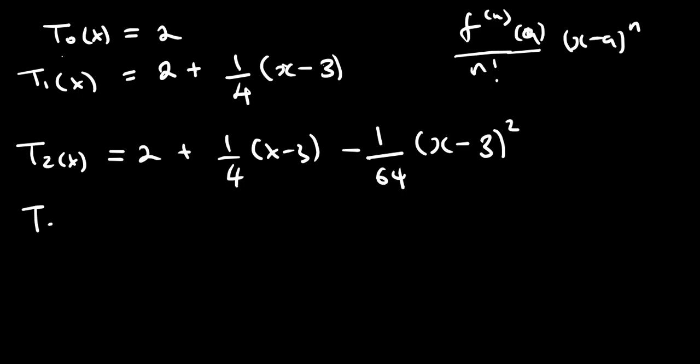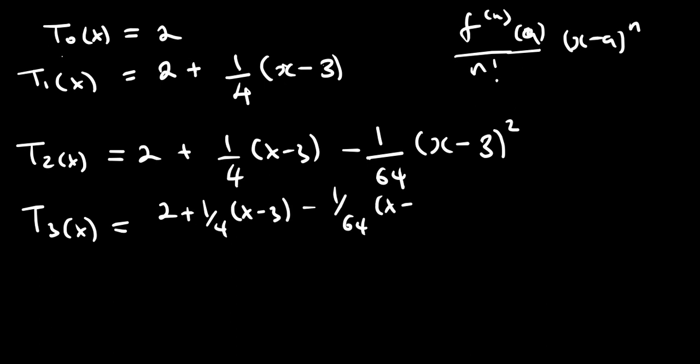Then the third one, meaning this one, we have 2 plus 1 over 4 x minus 3 minus 1 over 64, then x minus 3 to the power 2. Then the coefficient of that one was 1 over 512, like that. Then that is x minus 3 to the power 3.